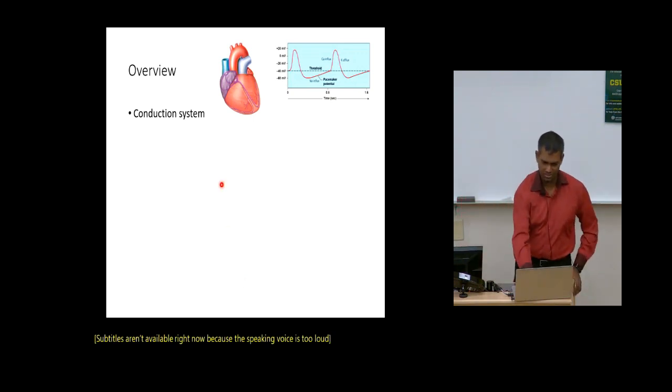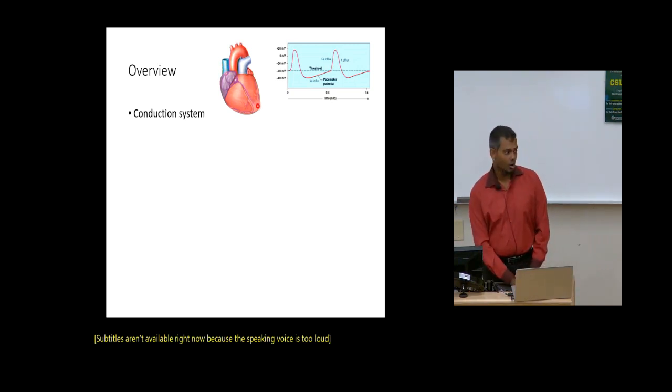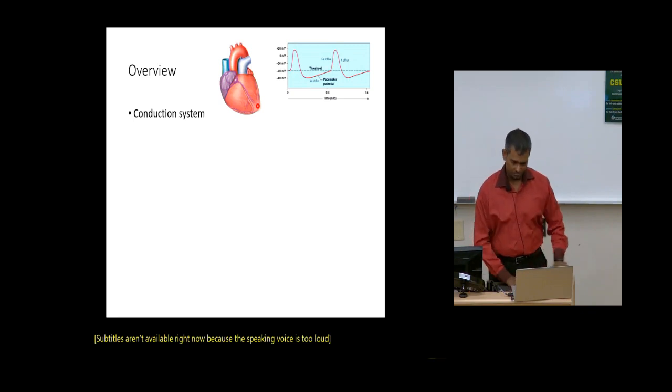The conduction system will tell you how those autorhythmic cells are organized, and how, because of the organization, the contractile cells can respond and the heart can pump in unison. The atria can pump in unison, and then following that, the ventricles can pump in unison.